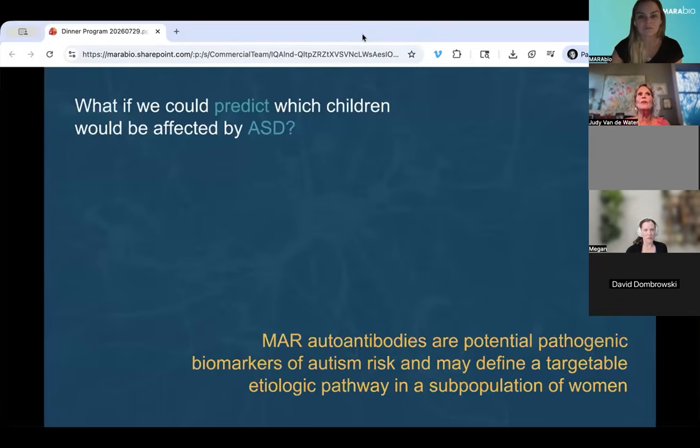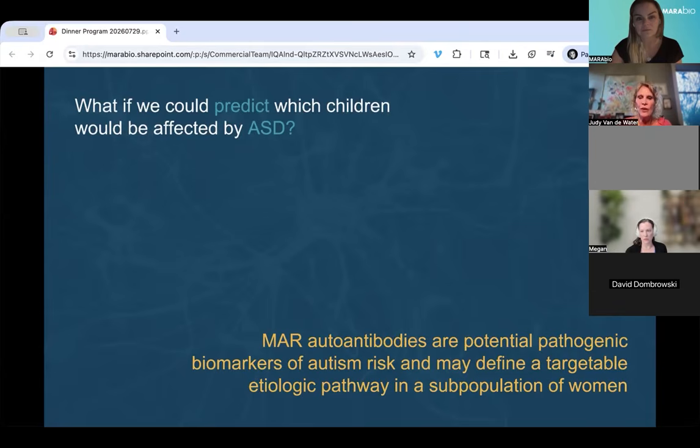So in my group, as we were developing this research program, we really started thinking about what if we could predict which children would be affected by autism. And that is a clinically important question, because we know the earlier we predict, the better the outcome can potentially be for that child.